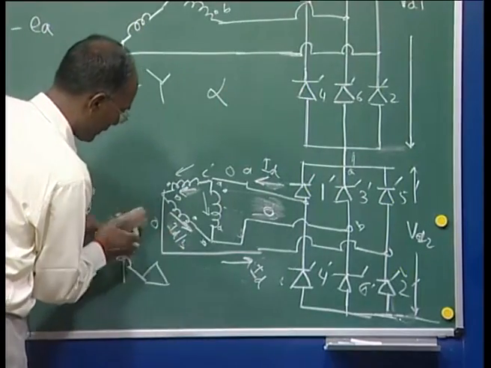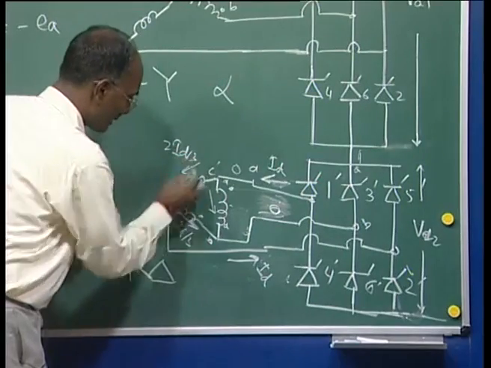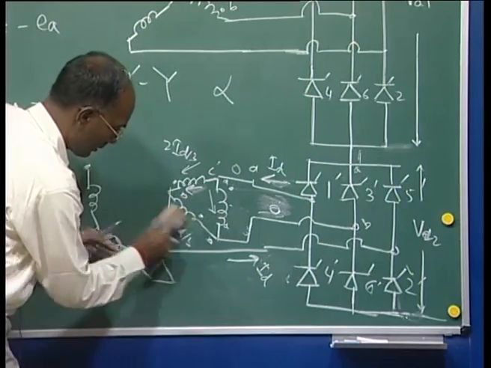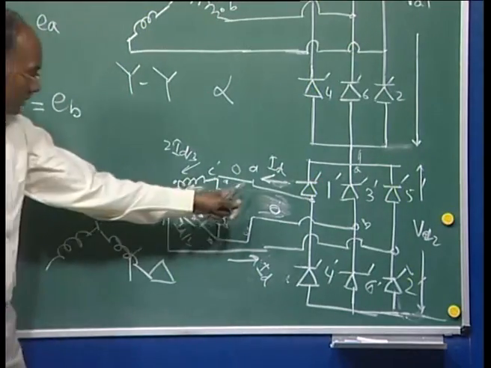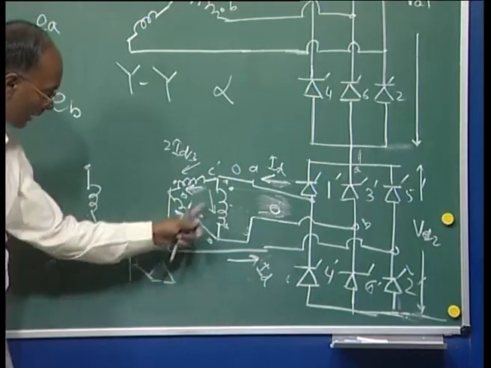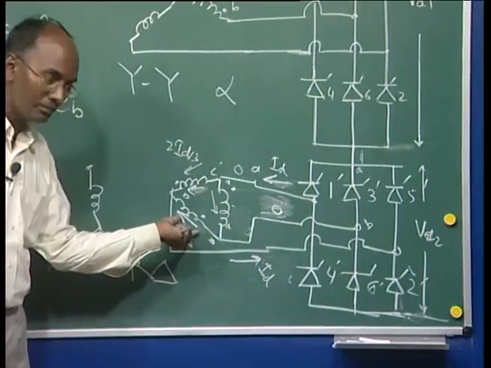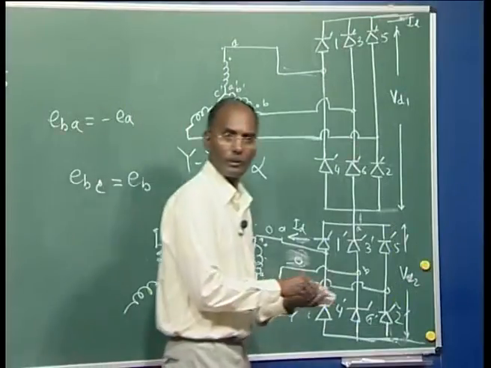This current is going to be here, so your 2 ID by 3 will be this. Now, this is going to be the reverse of this, because this current is coming now, this is here and this is coming all the way here, because this current is 0. So, now it becomes negative of the previous one, and again the magnitude is ID by 3.